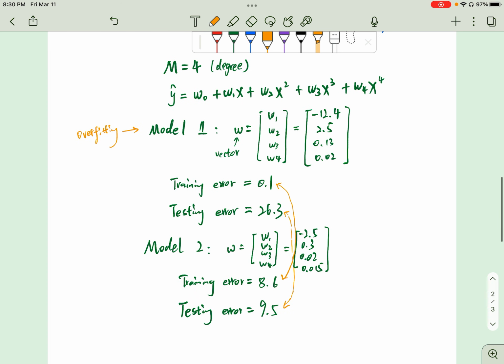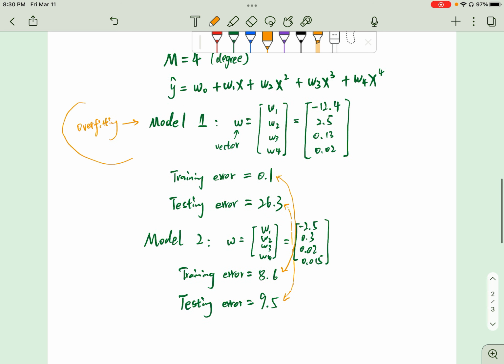And you can then observe how we achieved this, how we prevented overfitting. You should compare this weights term here. If you compare these weights, this omega vector, you will find that all these values are much smaller than this one, right?